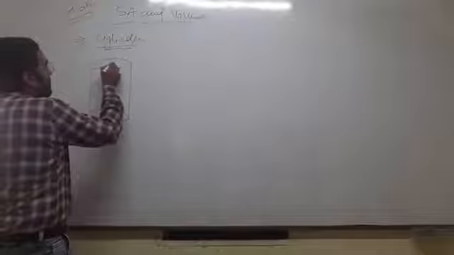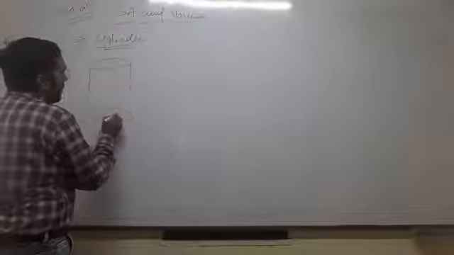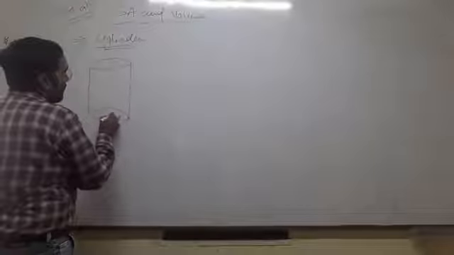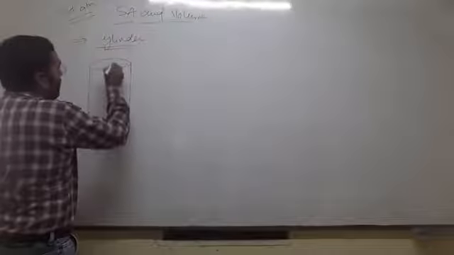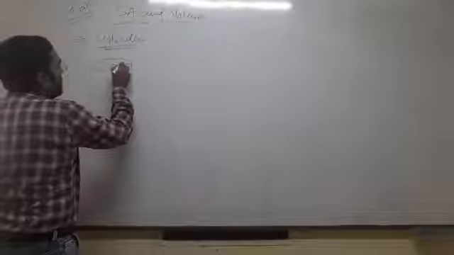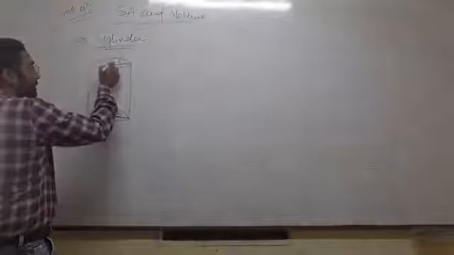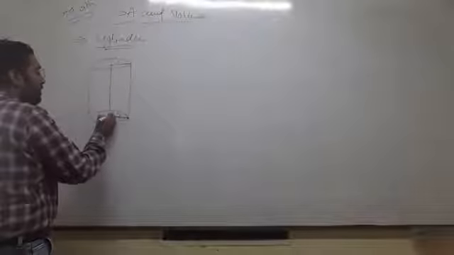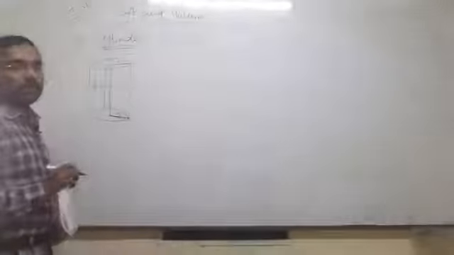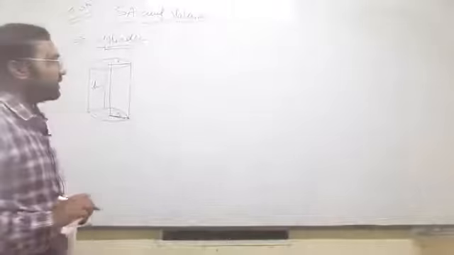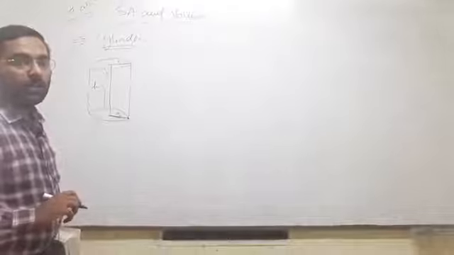Now in the cylinder, the radius of the uppermost part and the lowermost part is always equal. And we have to take the height from the top circle to the bottom circle as the height of the cylinder.